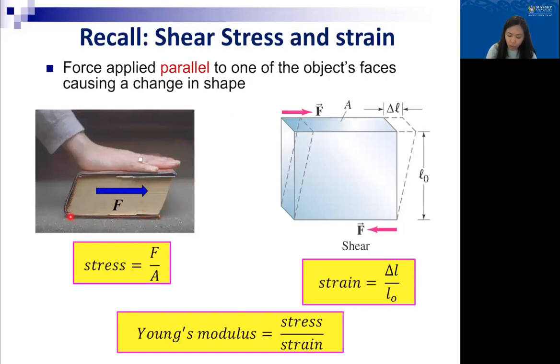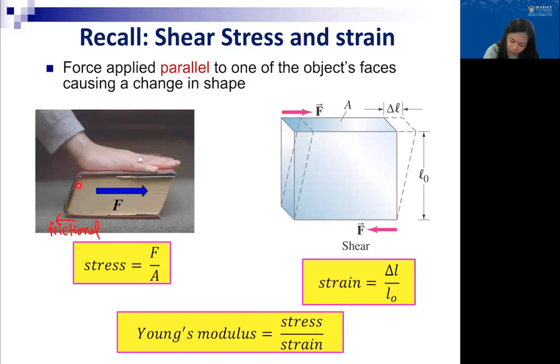The bottom is, of course, fixed to the table or the desk, and the desk is sort of providing the counteracting frictional force in the opposite direction of the pushing force of your hand, and that prevents the pages at the bottom of the book from moving forward.